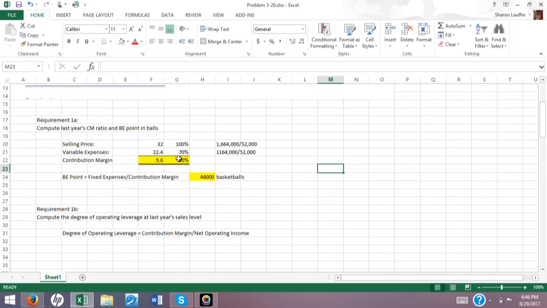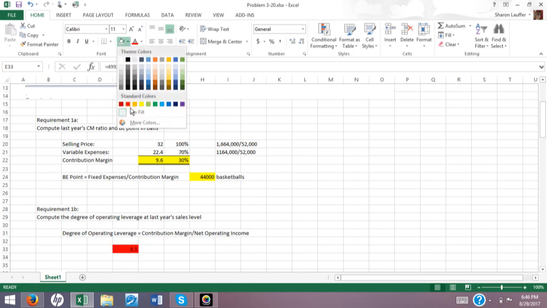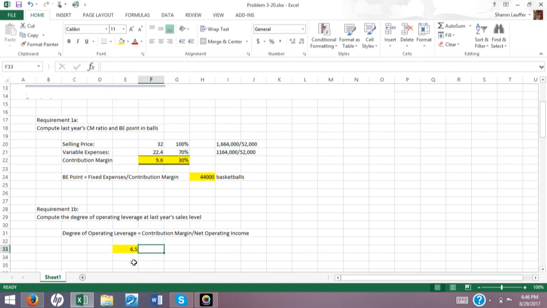So we're going to use those amounts. I'm going to put this down here: I'm going to take $499,200 and divide that by $76,800. And that gives me a degree of operating leverage of 6.5. So that is the answer to that one, requirement 2.